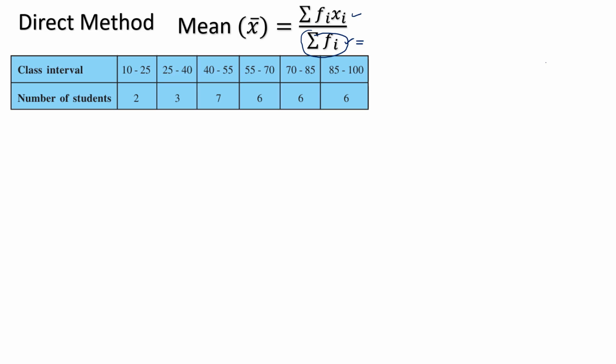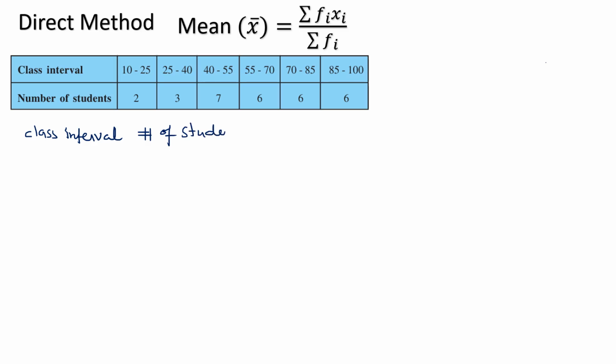Whenever we want to find the mean using grouped data, we try to put the data in tabular form first. When writing in tabular form, we start with the given data. The first column is class interval, then the next is number of students.